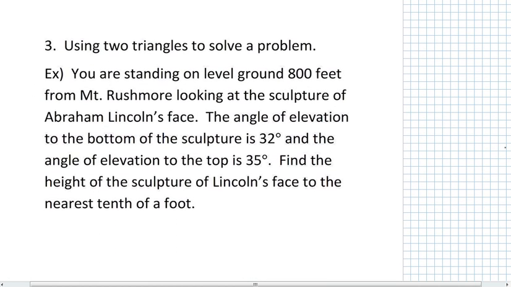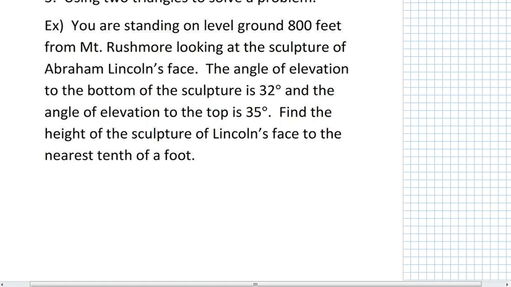The last word problem here is using two triangles to solve the problem. So this one says you're standing on level ground 800 feet from Mount Rushmore, looking at the sculpture of Abraham Lincoln's face. So basically you're standing on level ground here, and you're 800 feet from Mount Rushmore.